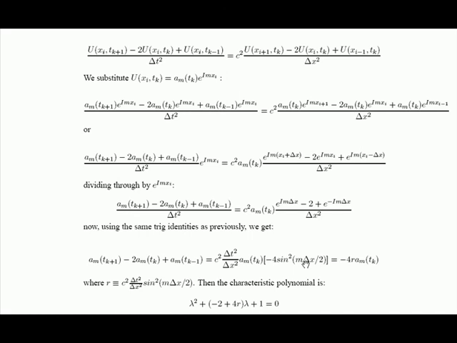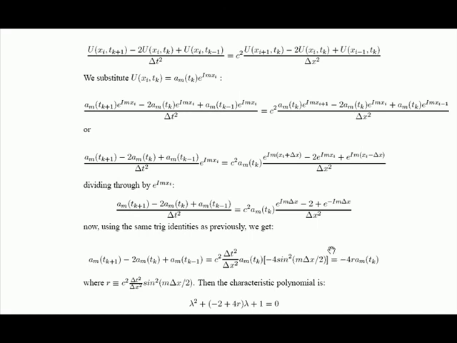That's a formula that you're going to need every time you use the Fourier method if there's a second derivative somewhere. And so we multiply by delta t squared, and we have c squared delta t squared over delta x squared times minus 4 sine squared. And I'm going to combine the c squared, the delta t squared, the delta x squared, and the sine squared all into one term. I'm going to call it r. Notice that r is always greater than or equal to 0.